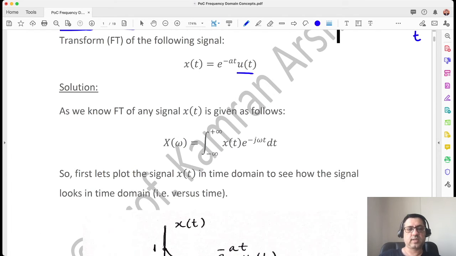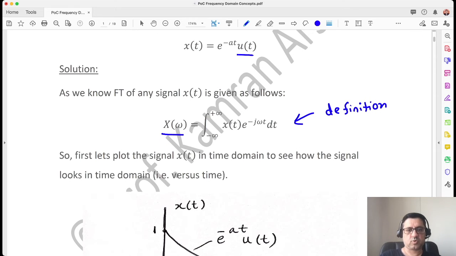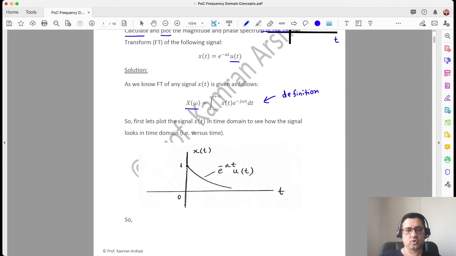We can calculate it simply by using this: X of omega equals the integral from minus infinity to plus infinity of x of t e to the power minus j omega t dt. This is the definition. So simply by using the definition, we can calculate the Fourier transform. I will zoom out a little bit and show you how we can plot it.